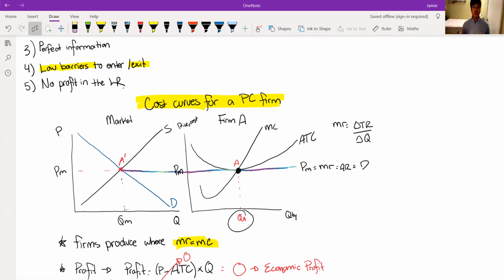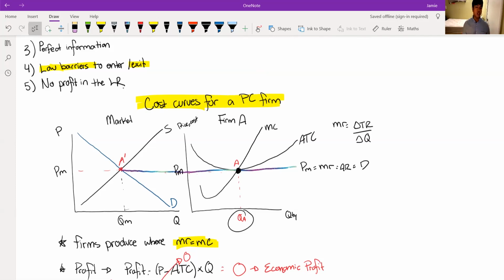So when that happens, where price is equal to the average total cost of production, profit is equal to 0. And that's important because of this mechanism where more firms enter the market, driving down price until it's equal to average total cost. That point is also productive efficiency.